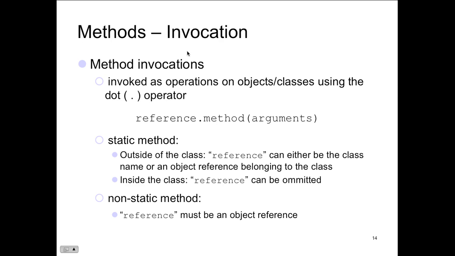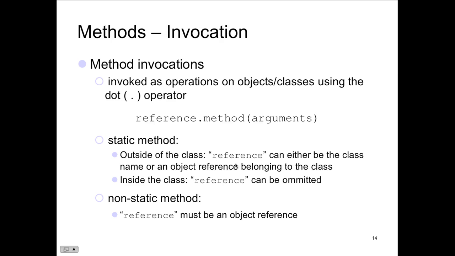Method invocations are done normally on instances of objects. But as we saw with the static, we would invoke something on a class. So it's always a reference of this object that we've created, a dot, the method name, and then the arguments. Just sort of like running a function in a lot of ways. Well, they are functions, so it's kind of like running a function if you think about it.